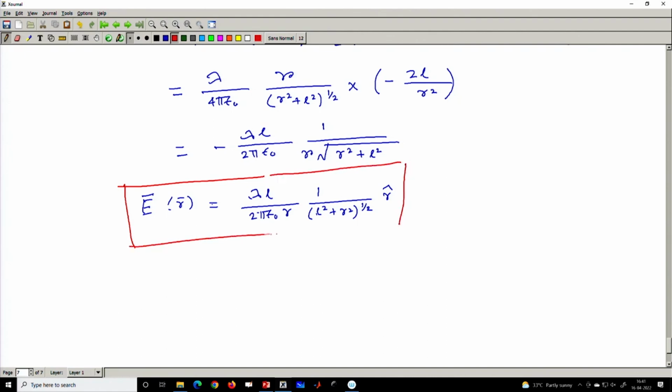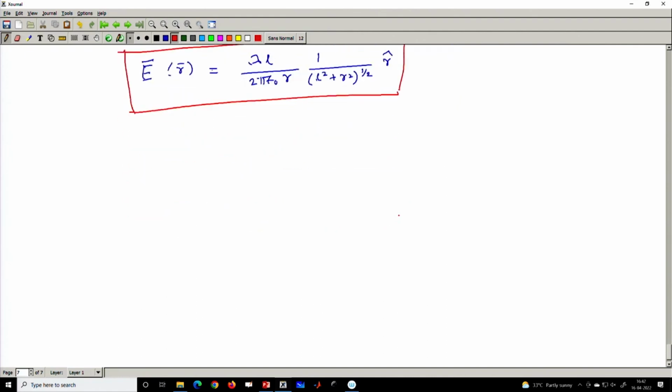Now, we calculated earlier, if you remember, the electric field for an infinite wire. For an infinite wire I can put L tends to infinity.